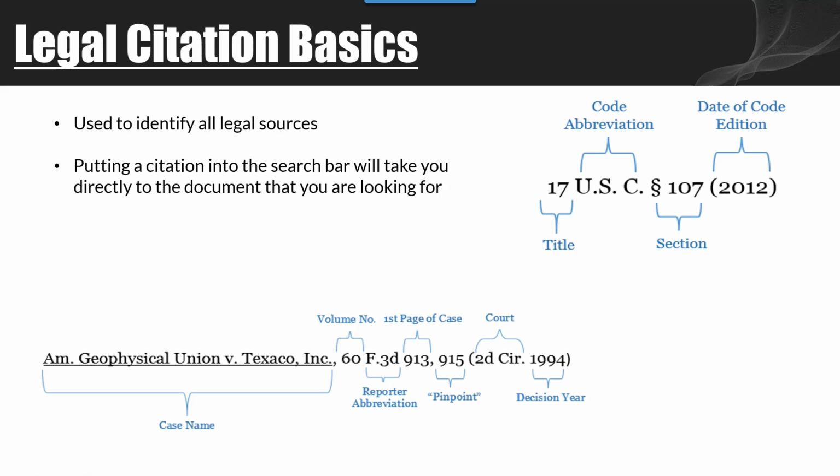Following this symbol is the section where your statute can be found. The year is also important. It's the year this statute came to date, and that matters for what version of the statute you need to be looking at, since statutes are updated and language changes regularly.